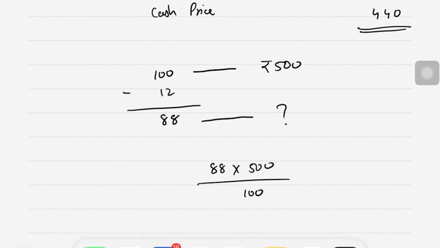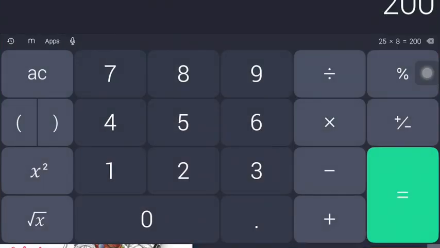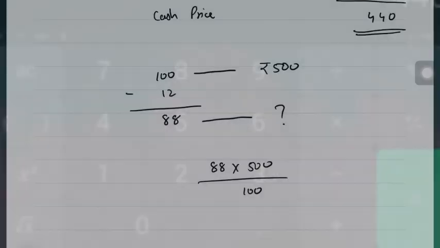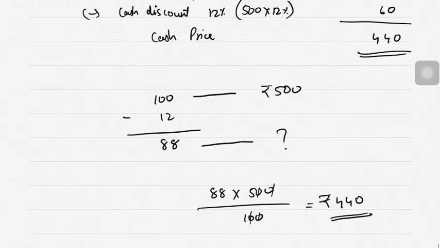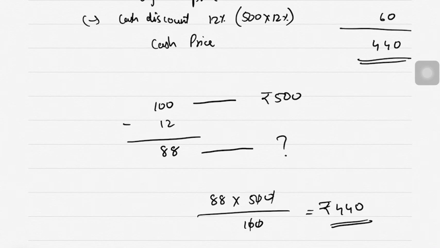So that means 88 into 5, 440. 88 into 5 is 440. Okay, rupees 440. So this is the final answer.